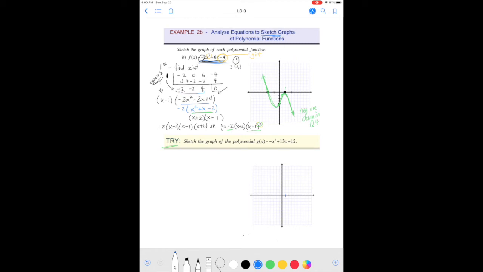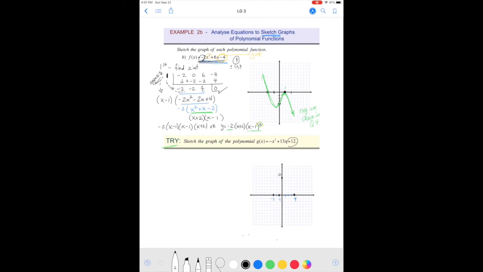So 1, 2, 3, 4, -1, -3. Okay, so those are my intercepts. 4, -1, -3, and the y-intercept's 12, so somewhere up here I'll count by 2s, 2, 4, 6, 8, 10, 12.